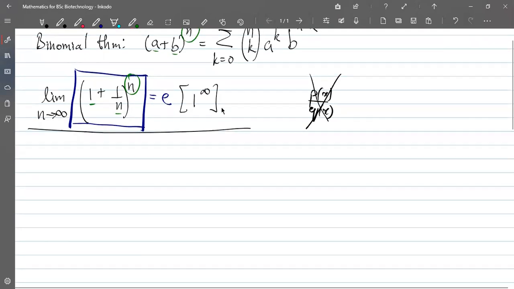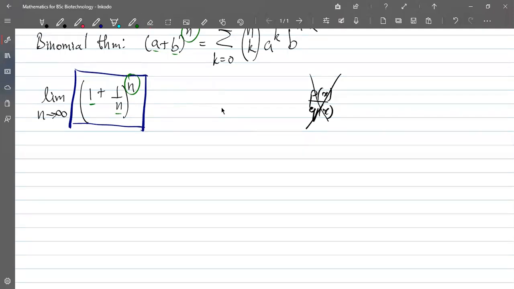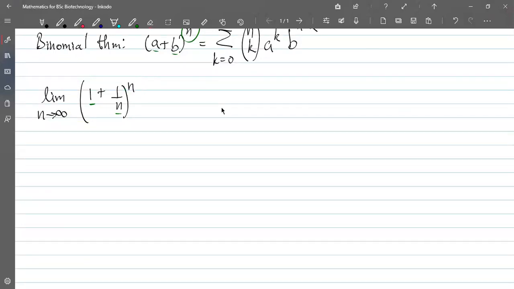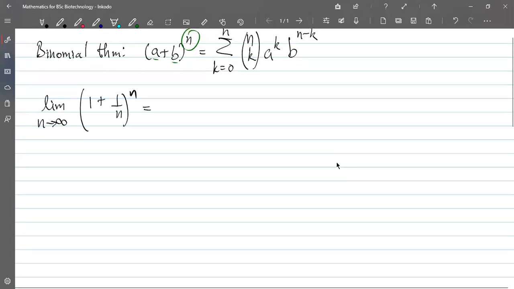So what we'll do here is consider this limit and expand it.